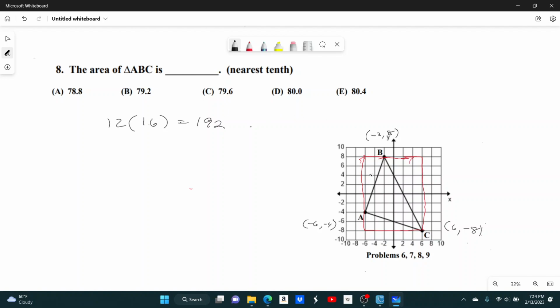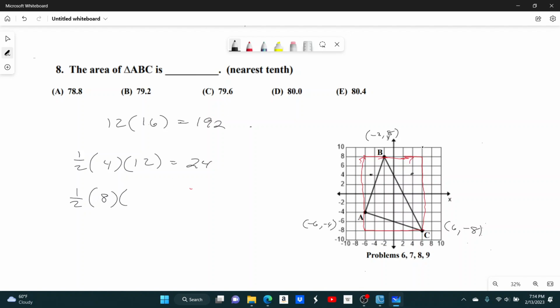So this triangle right here has area of 1/2 times the base, which is 4, times the height, which from 8 to -4, that's 12. So right there, that's 24. Now for the area of this triangle, we have 1/2, and then the base is from -2 to 6, so 8.